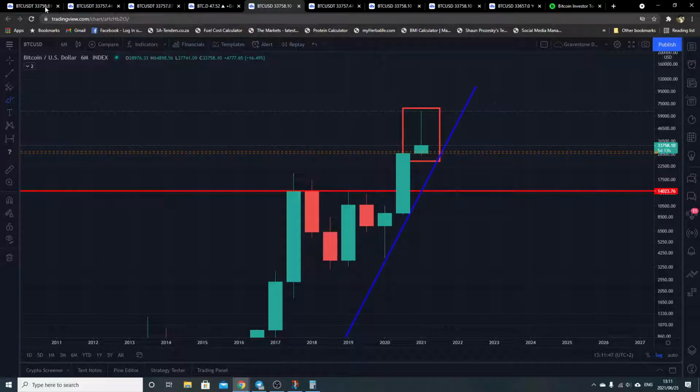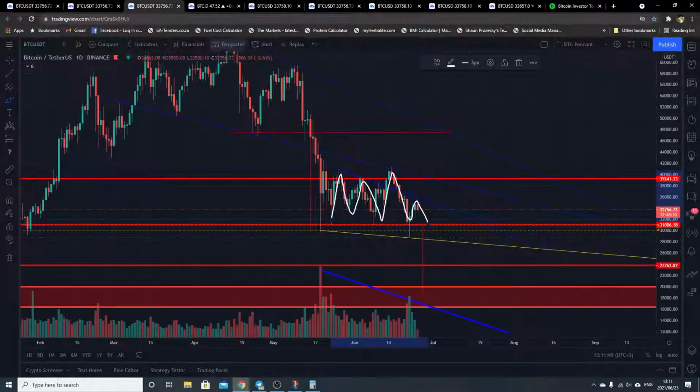Let's hope that we get our push up from this area, and then we can push up again. But we need to do it before the 1st of July, guys.